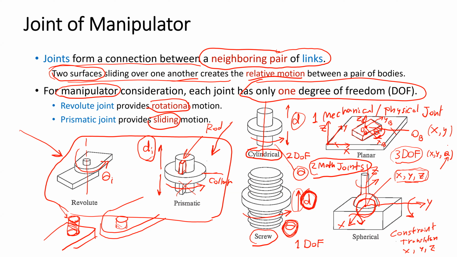So the spherical joint has 3 degrees of freedom: the rotation about the x-axis, the rotation about the y-axis, and the rotation about the z-axis, but the position is constrained, fixed, and cannot be moved.